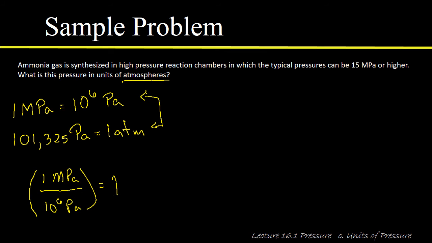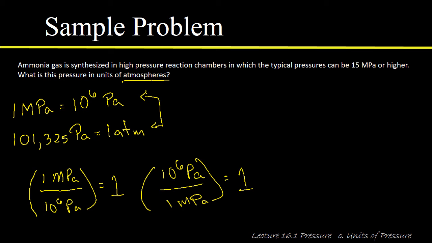That's a fraction that's equal to 1. That gives us a conversion factor. Or we could write 10 to the 6th Pascal over 1 megapascal is equal to 1. That's also a conversion factor.